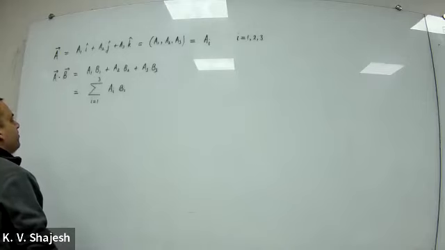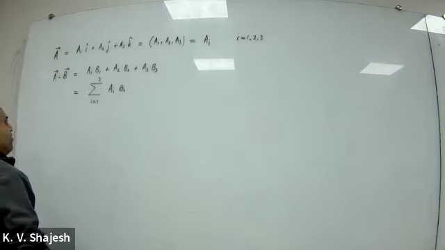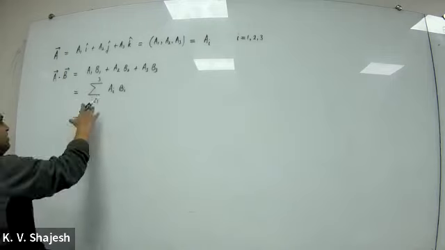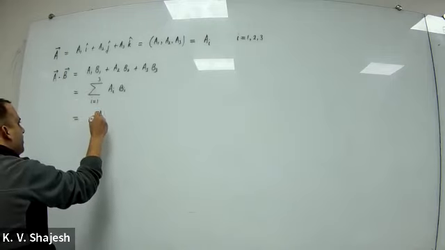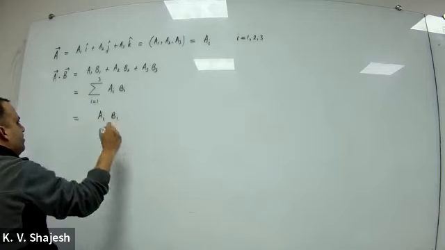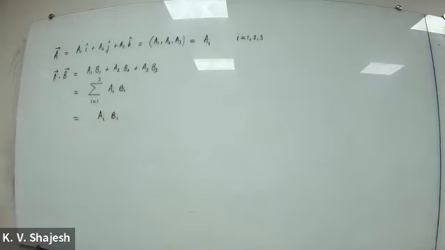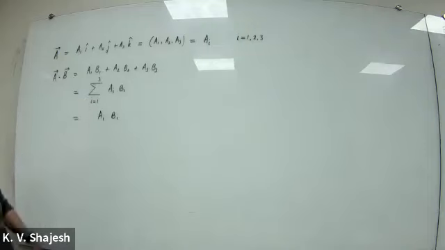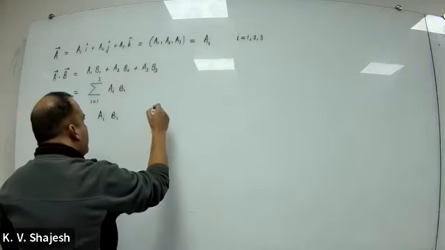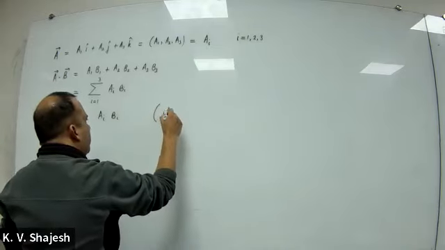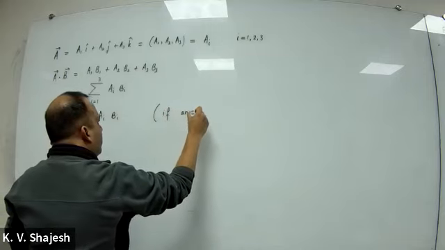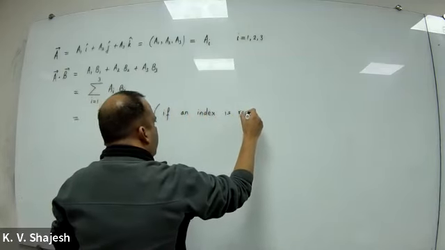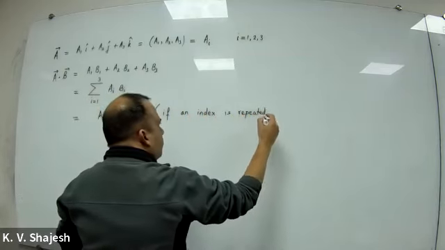And now here is the notation. This is what is called index notation, or summation notation if you want. You stop writing the summation. That seems really off, because you never know when to sum and when not to sum. But the rule of the notation is: if an index is repeated, sum over it.